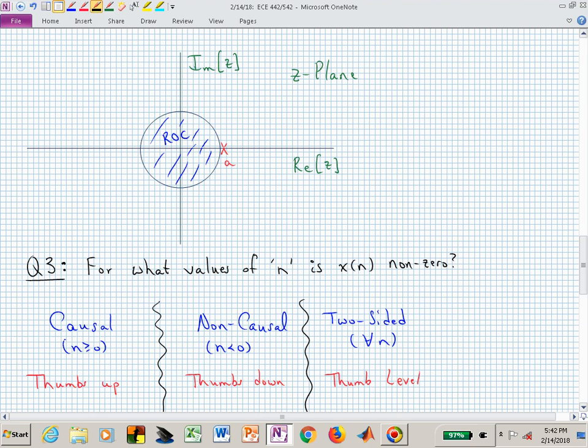Based on this picture for the region of convergence, and again, that gray circle is just the boundary of the region of convergence. So really, it should be kissing A, right? It should be right inside A. The poles can't be in the region of convergence, but it's just on the border.